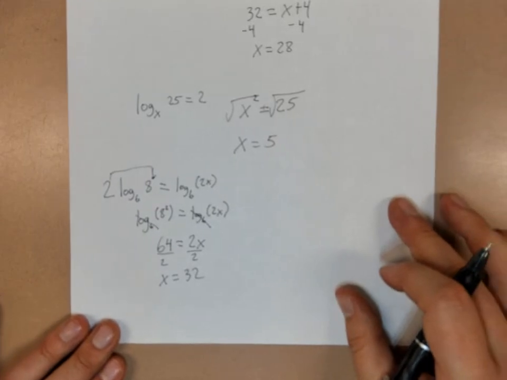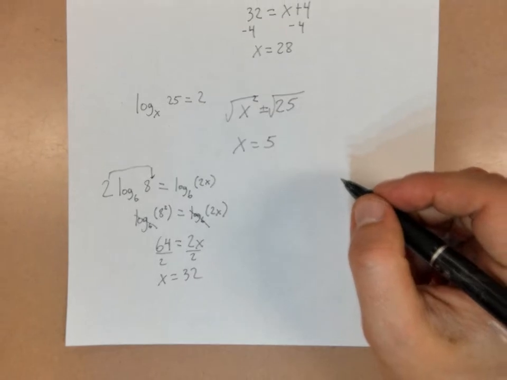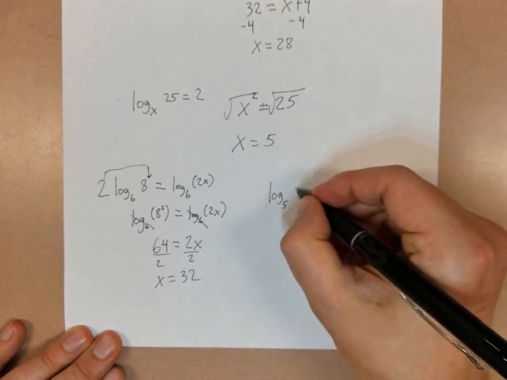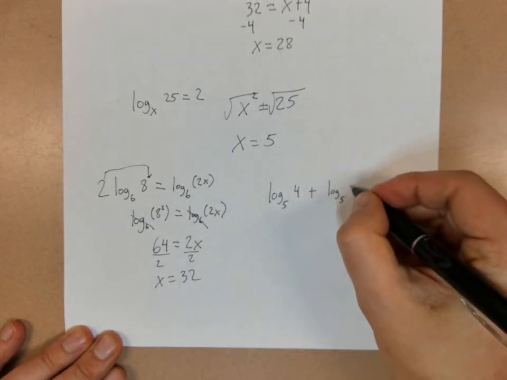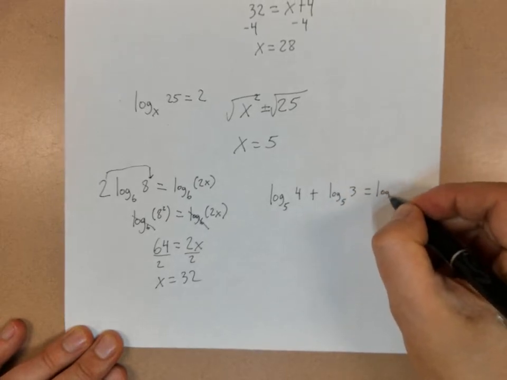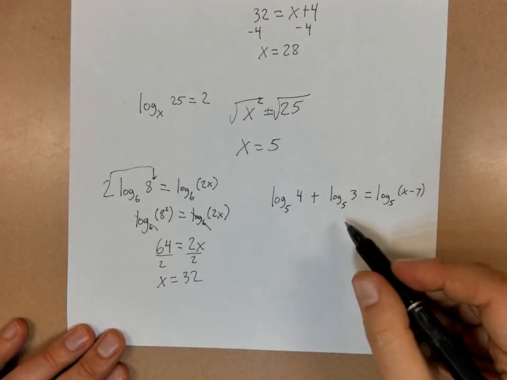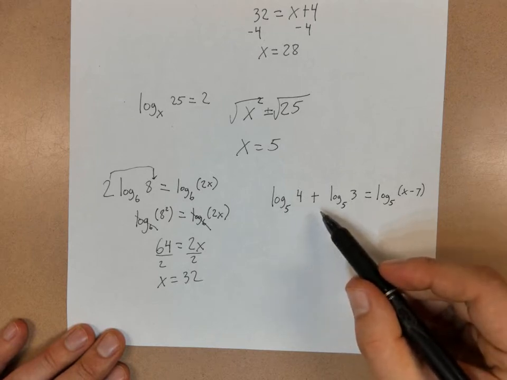If I slide over to the side here, one other situation that could happen is if you need to combine logs together. Let's say we had log base 5 of 4 plus log base 5 of 3 equals log base 5 of x minus 7. When you're adding two logs, going back to those log rules, we can combine these into one log.